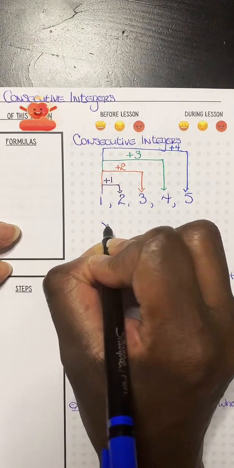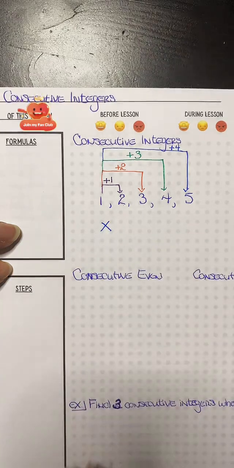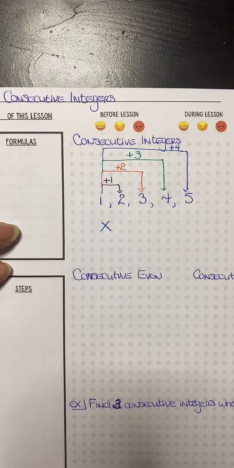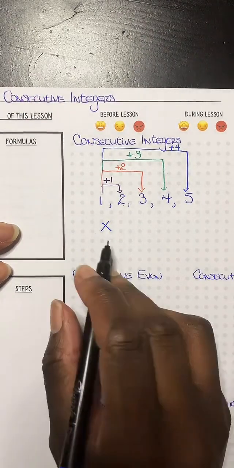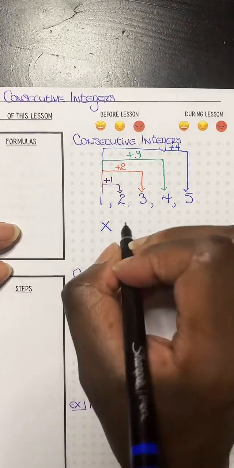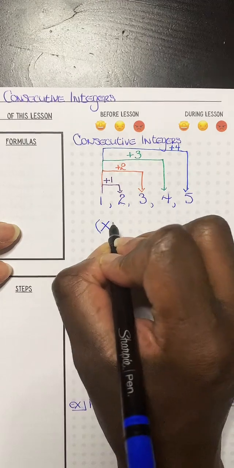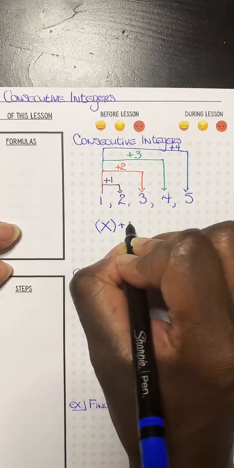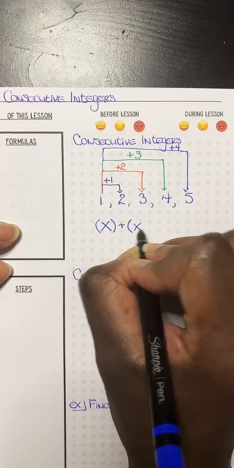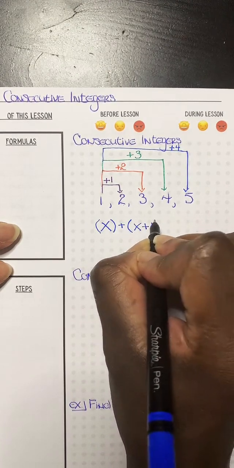And since we can start anywhere, I'm going to use the variable x. Hey, thanks for coming in. All right, so we got our x. For me to get to the next integer, I'm going to put parentheses around it so you can see it a little bit better. I know I'm going to have to go x plus 1.